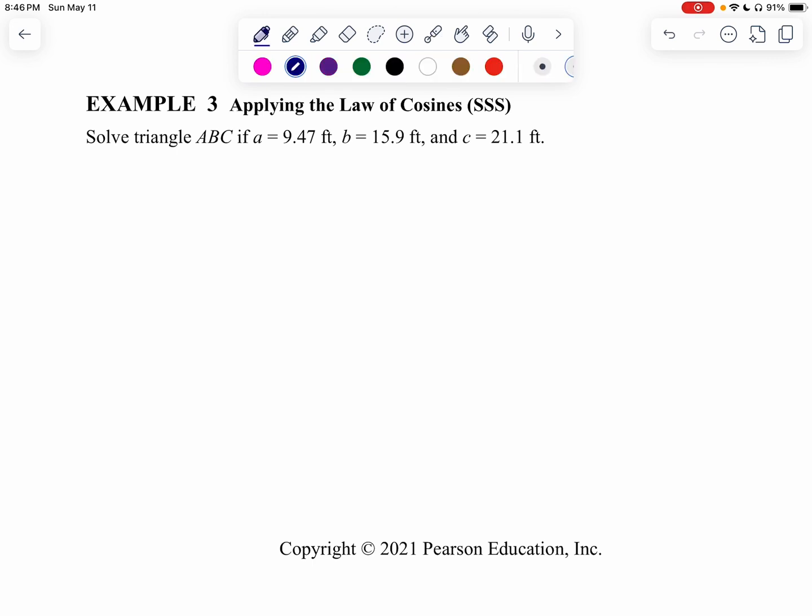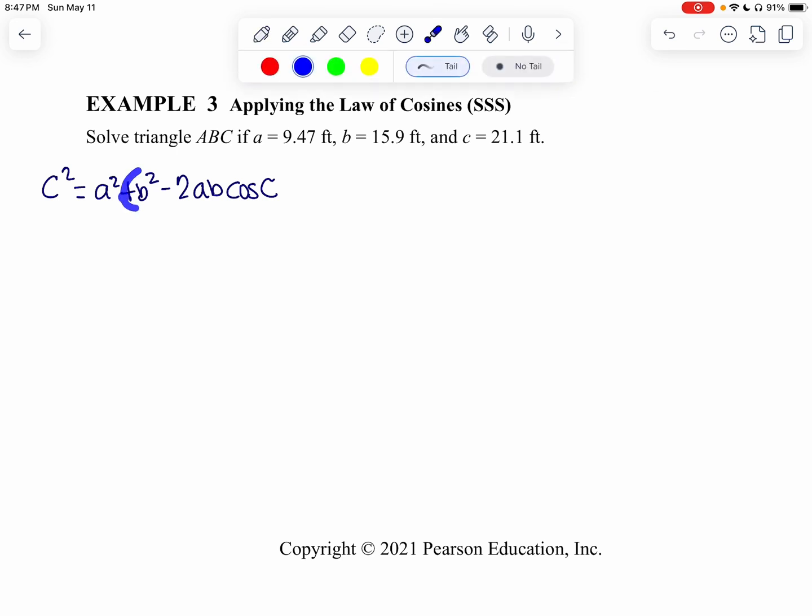All right. So for this one, we can find the measure of the largest angle C. If the cosine of C ends up being less than 0, then the angle C is going to be obtuse. So we know C squared equals A squared plus B squared minus 2 times A times B times the cosine of C. Since we know all three sides here, we can rearrange to find the cosine of C. So to do that, we are going to subtract A squared and B squared, and then divide everything by negative 2AB.